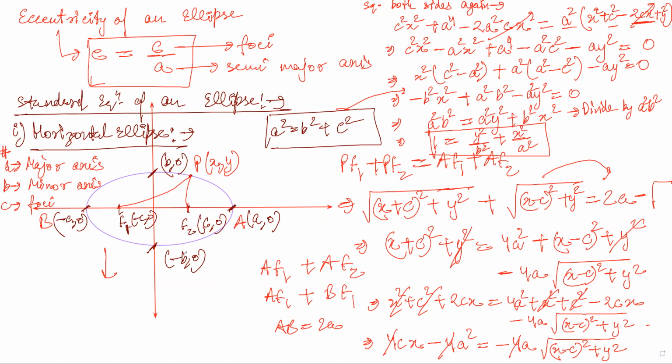जब हॉरिजॉन्टल एलिप्स है तो मेजर एक्सिस कौन सा होगा, x या y? अभी मेरे सामने फर्स्ट केस में हॉरिजॉन्टल एलिप्स ही है. मेजर एक्सिस कौन सा है, x एक्सिस पे है या y एक्सिस पे है? एनीवन?